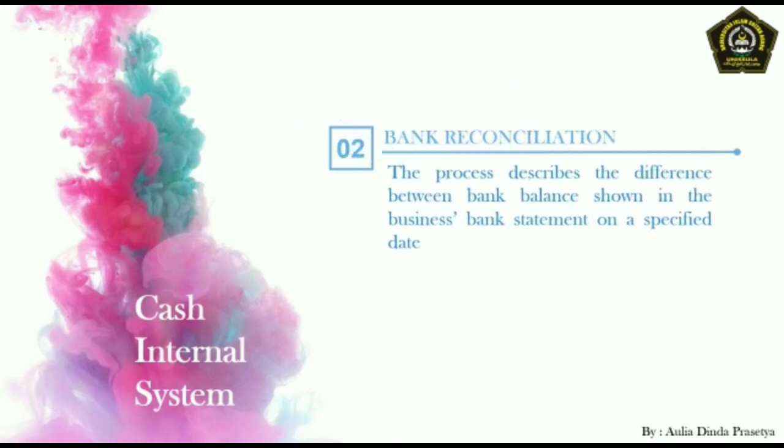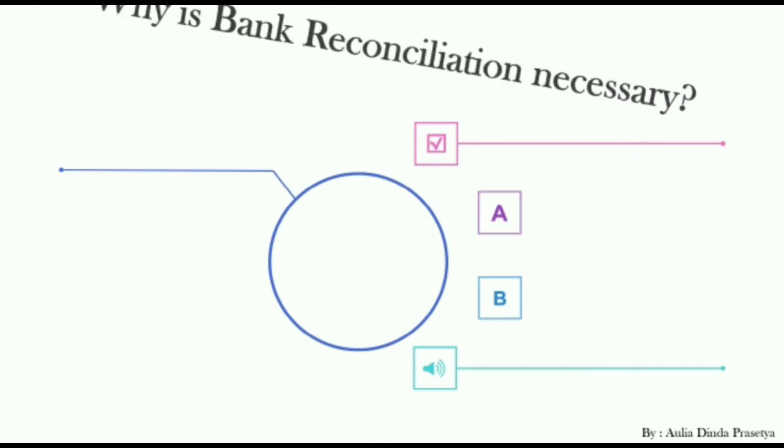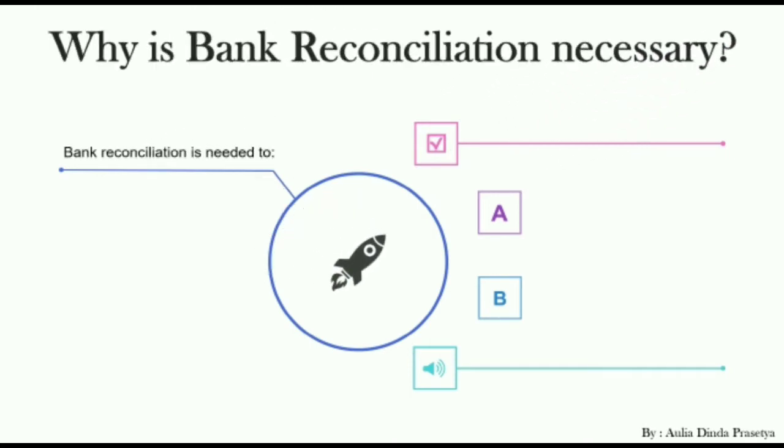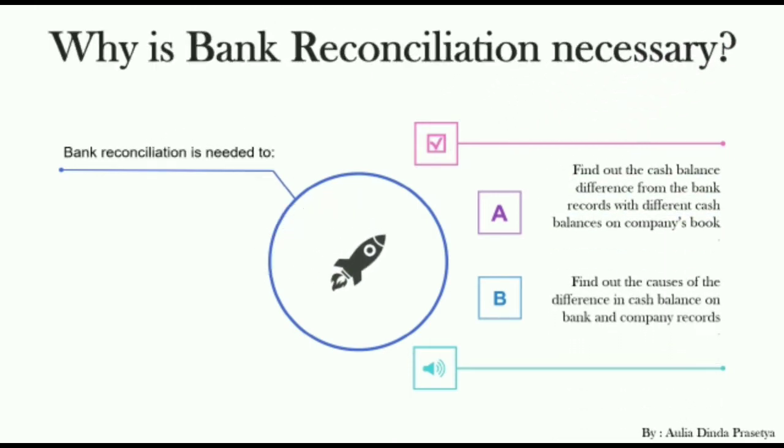The second cash internal system is bank reconciliation. The process describes the difference between bank balance shown in the business's bank statement on a specified date. Why is bank reconciliation necessary?